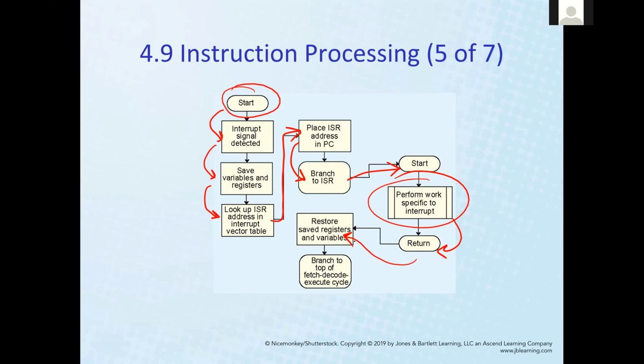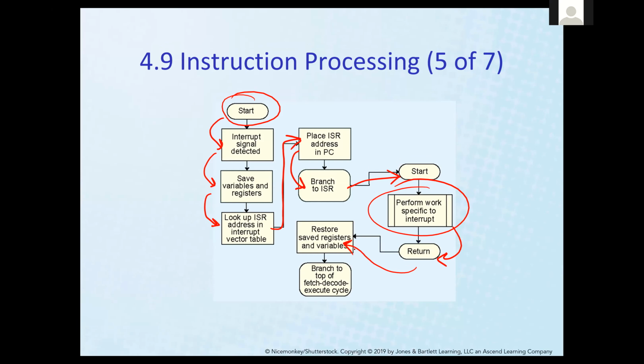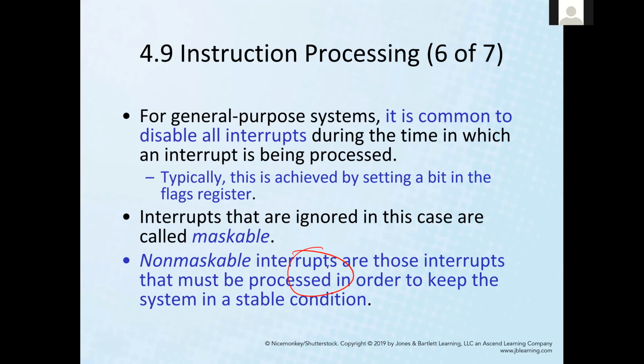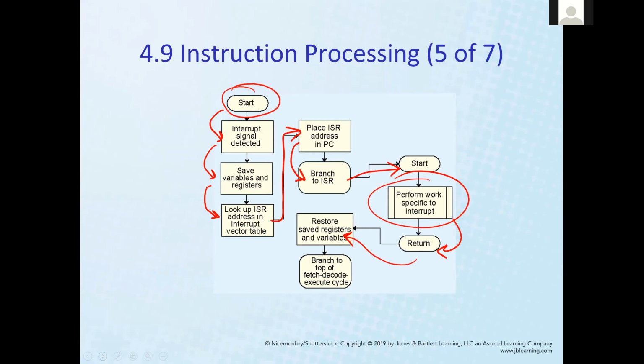So in the middle of the program, we moved to the interrupt, and when we come back to the original program, we need to restore all saved registers and variables and branch to the part that we left from that point.